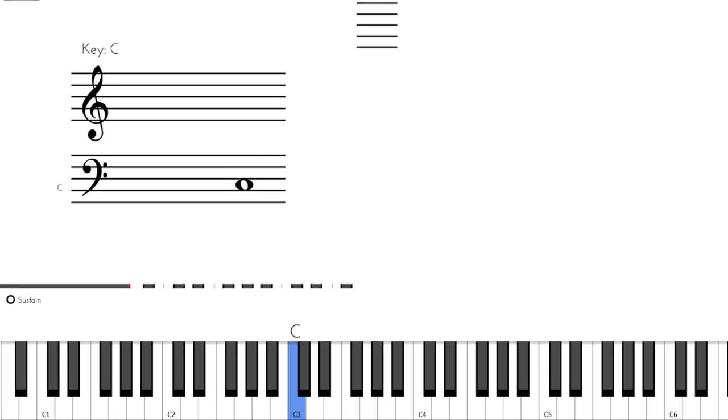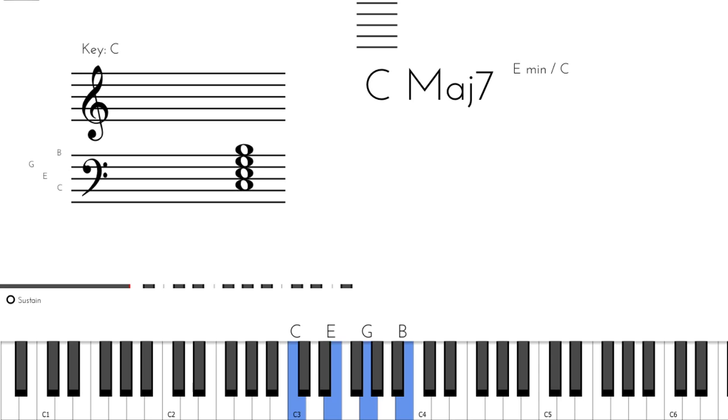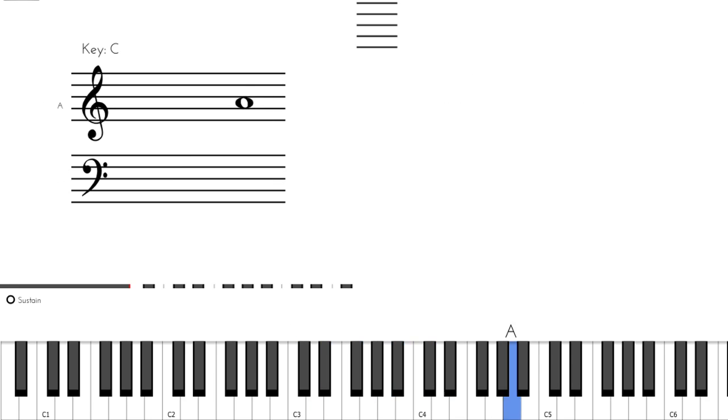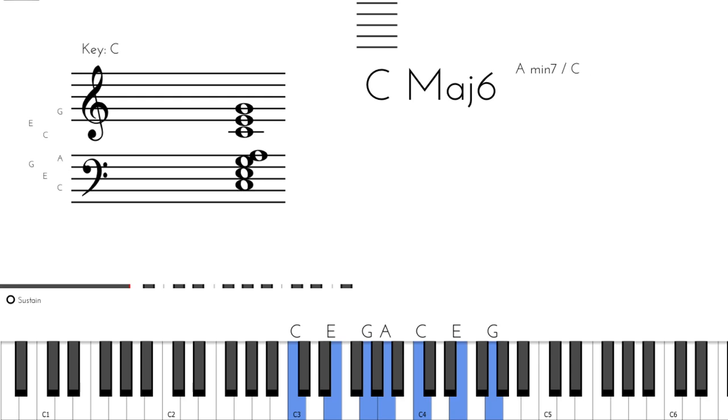So 1, 3, 5, 7. Then I jump this. Then I come here. Ninth. So C major ninth. And all this is along the major scale. So it only makes sense to call it that way.